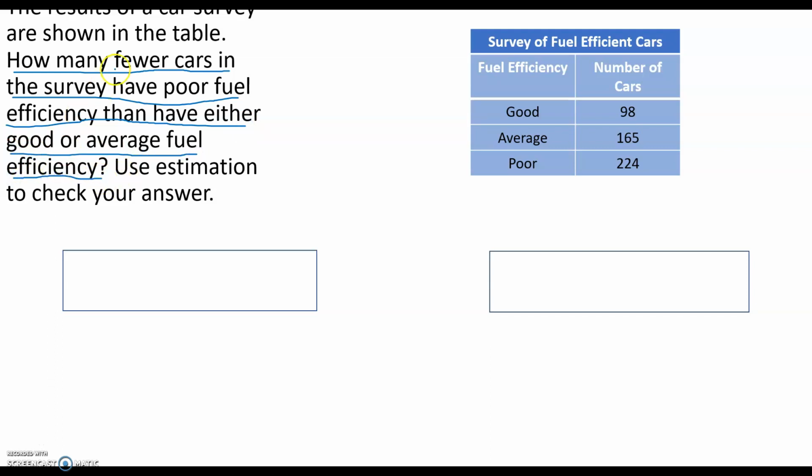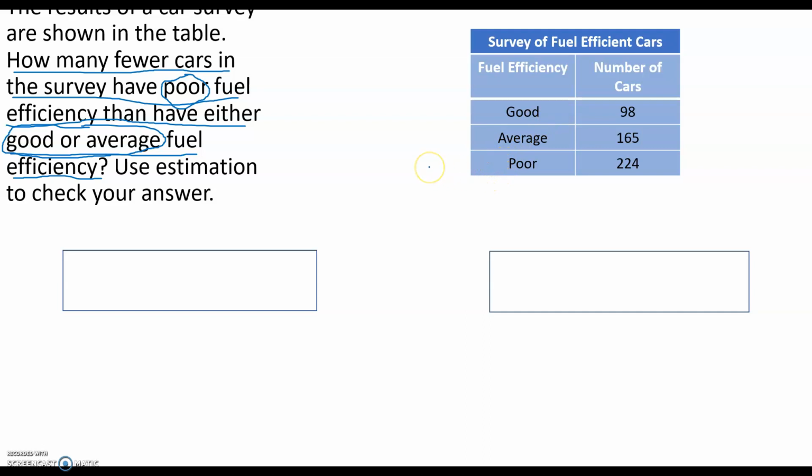So we are comparing poor to good or average combined. So this is a two-step problem. Now, if you also look, this actual word problem doesn't give us any information that's going to help us solve it. We need to look over here at the table. That's where we'll get the information we need.